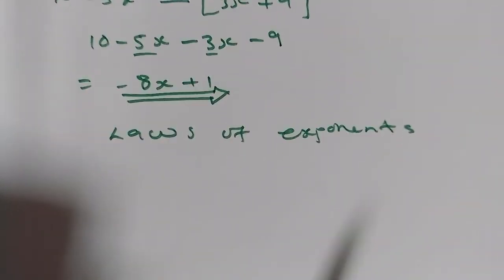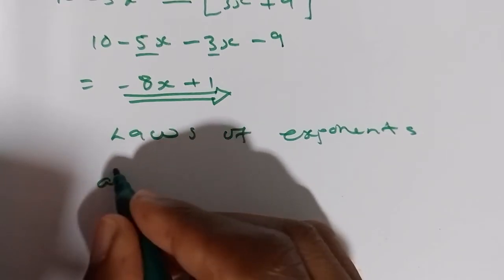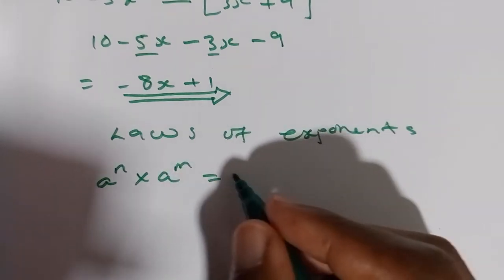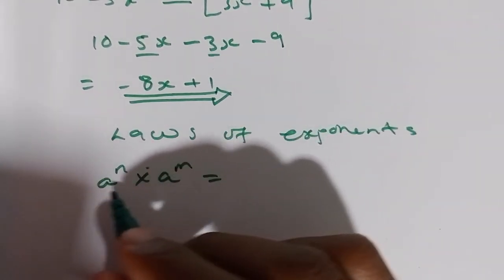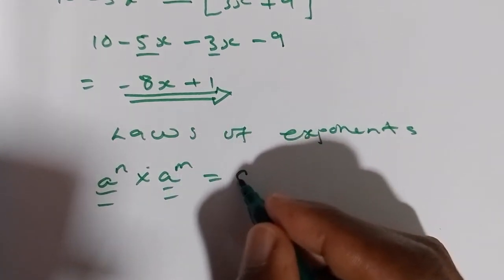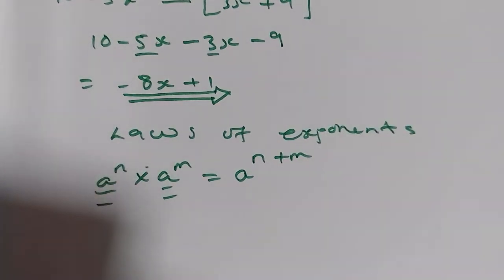We know the first law, it goes like this. When I have a to the power n multiplied by a to the power m, this is the law that says if I have a multiplication sign and the bases are the same, I'm just going to add the exponents. Then I take one base, a to the power n plus m, right?